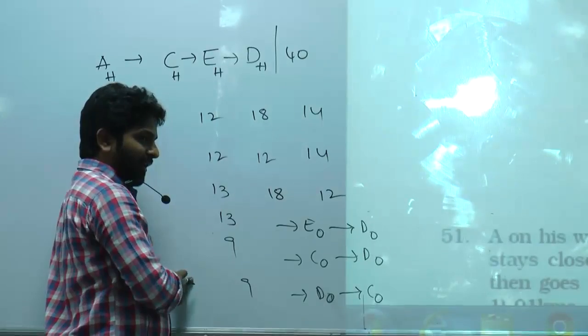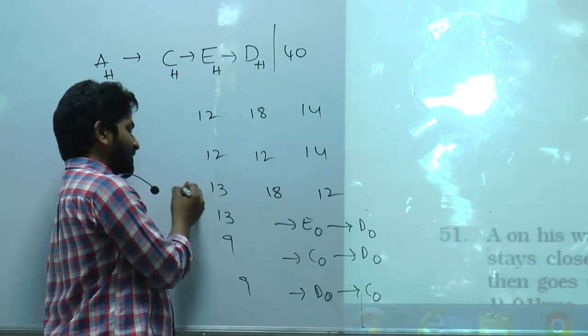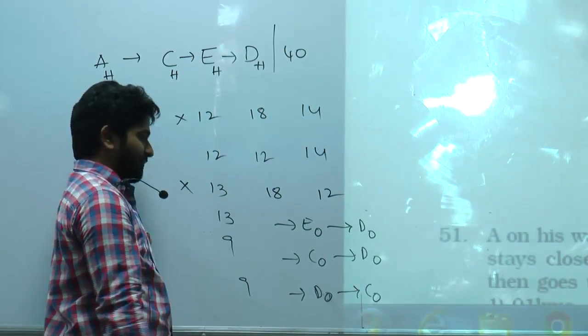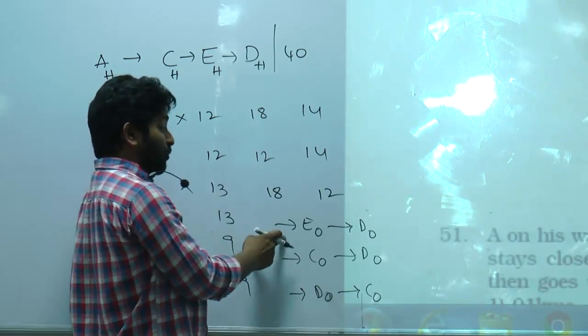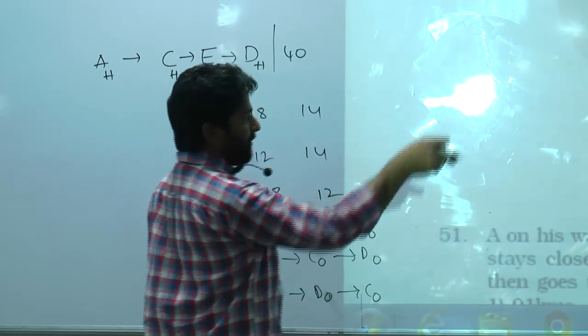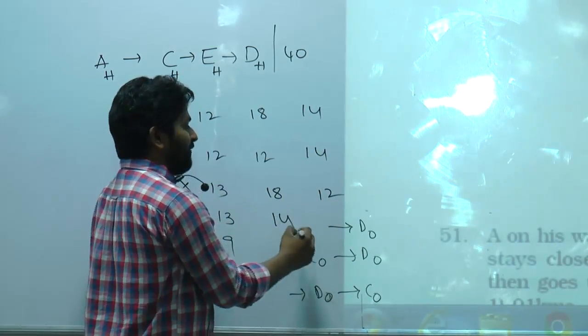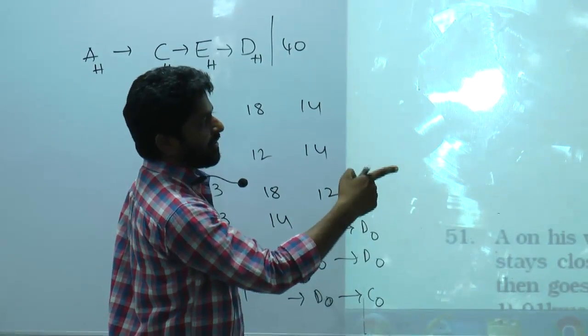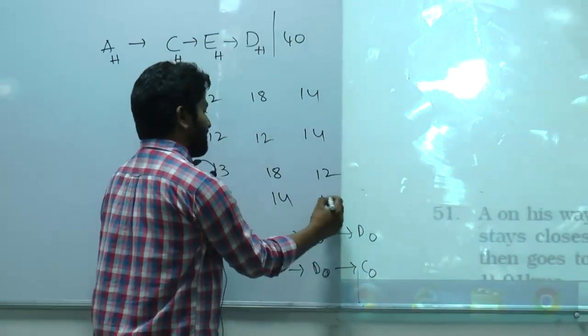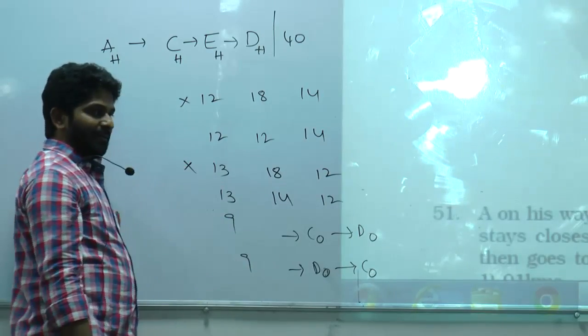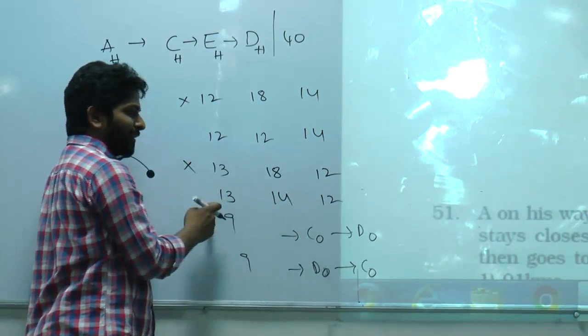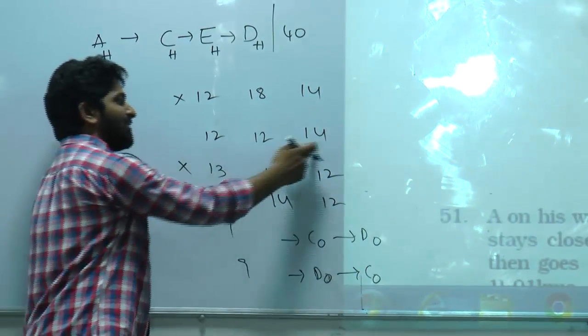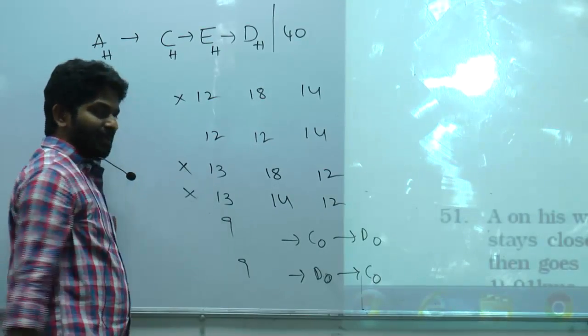This is more than 38, right? This cannot be your combination. Now from C office to E office, 14. From E office to D office, 12. How much is this? 39. This cannot be your combination.